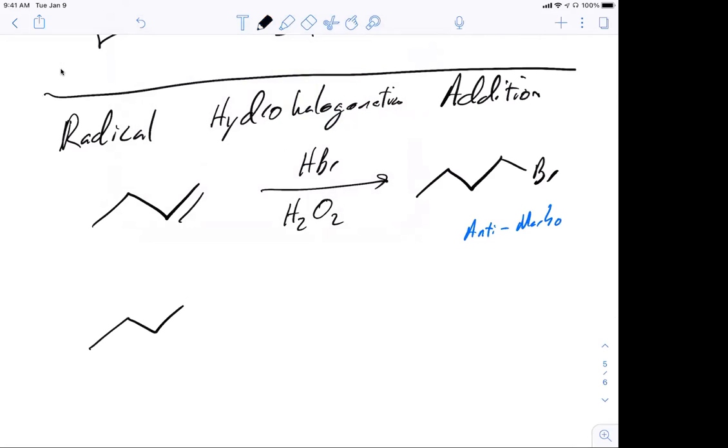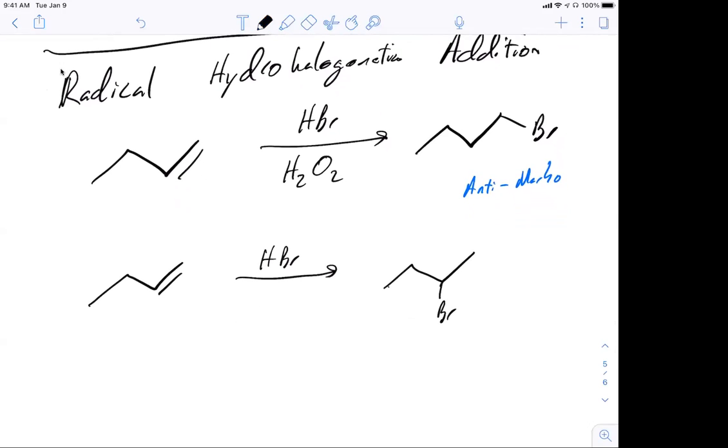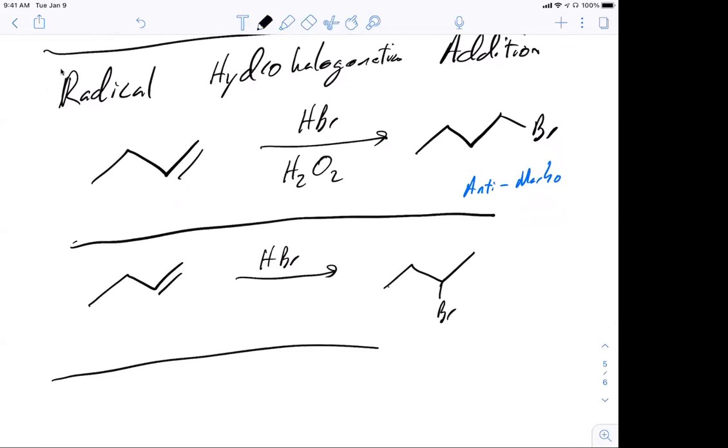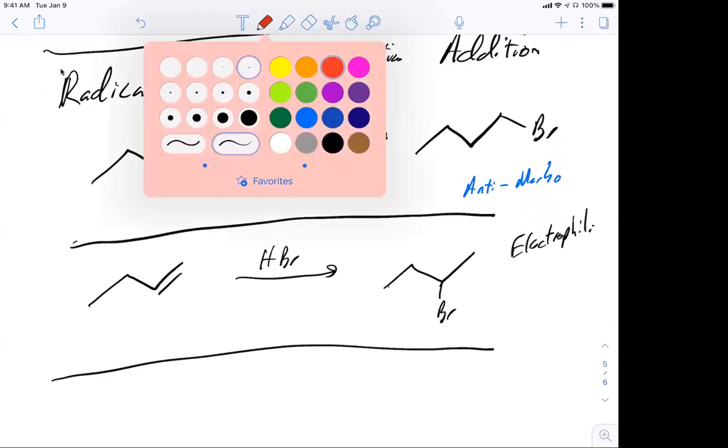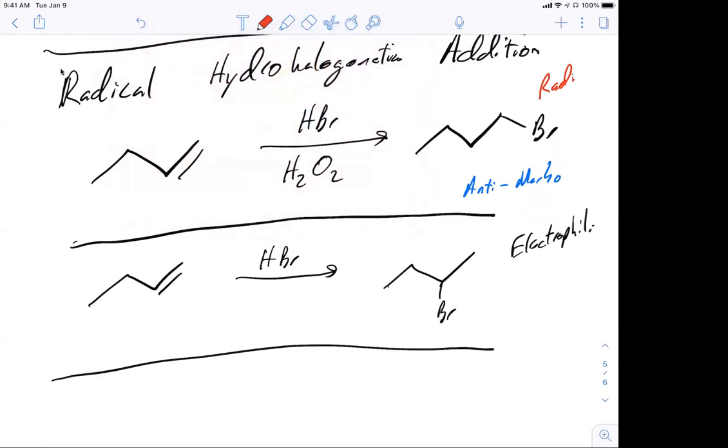Remember that if we did this reaction without the hydrogen peroxide, we would have gotten a Markovnikov product. So this is from the addition of alkenes. This was an electrophilic reaction, right? And this one up here is a radical reaction. So the addition of the hydrogen peroxide converts this to a radical reaction.